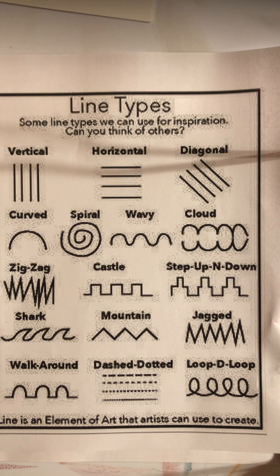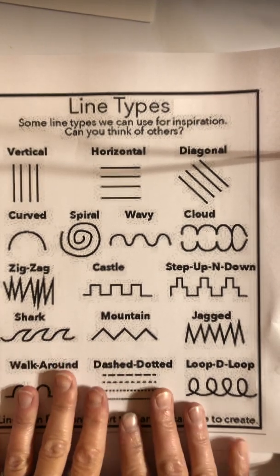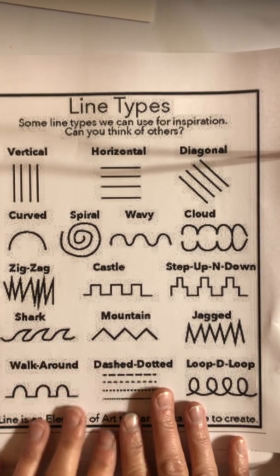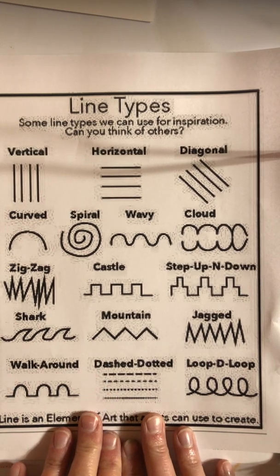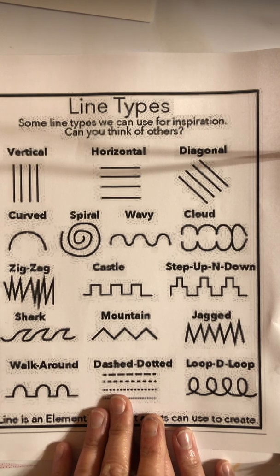And we're also going to learn about different types of lines. On your tables, you should have some papers that look like this. These are for you to just look at to get some inspiration from, because we're going to be adding different kinds of lines in our work today.